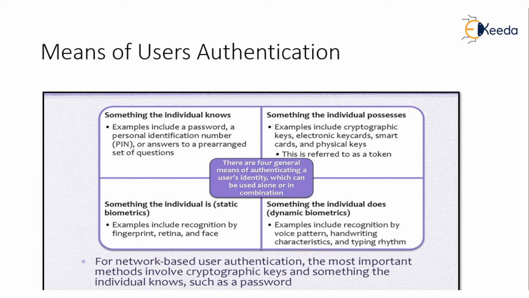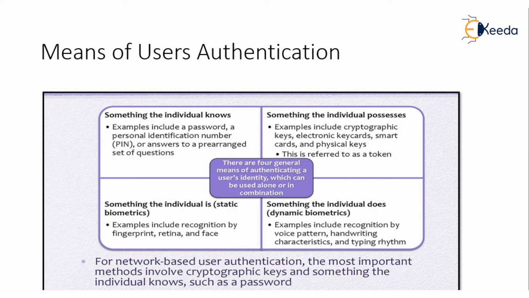Now, what is the authentication in which something that the individual knows? It includes examples like a password, the personal identification number, or answers to a prepared set of questions. We can very well take the examples of your usernames and passwords, which only a particular individual knows about, what password he or she has for the respective account.